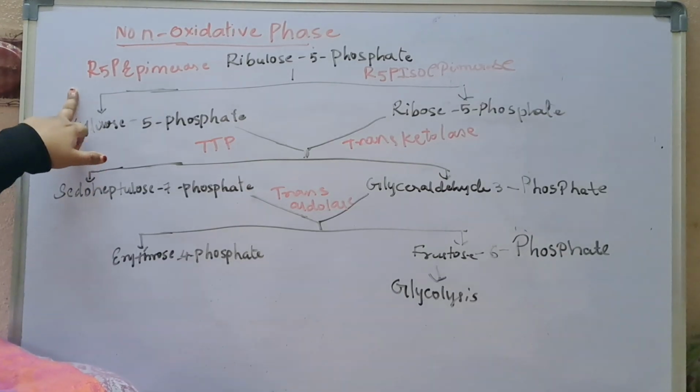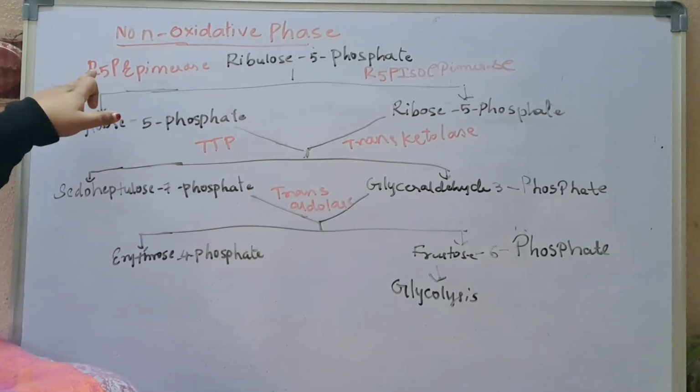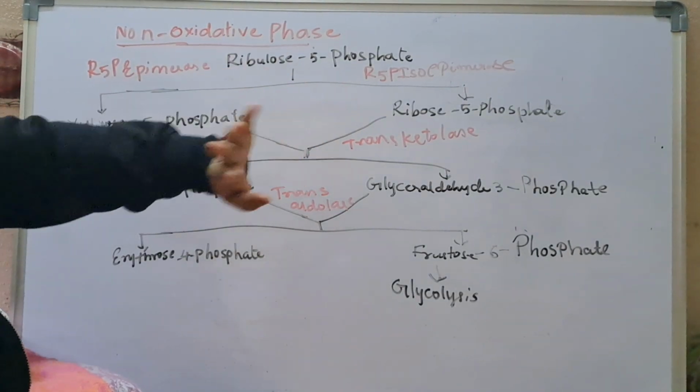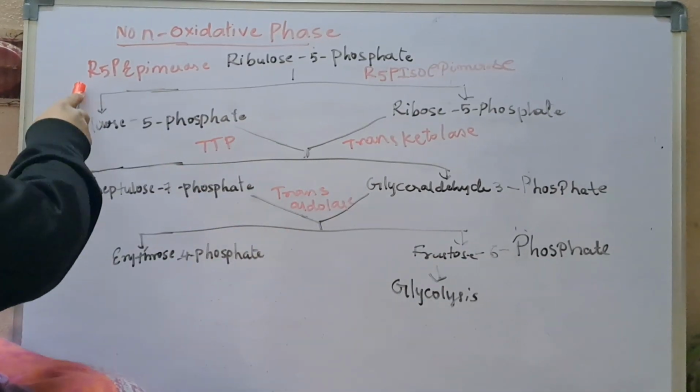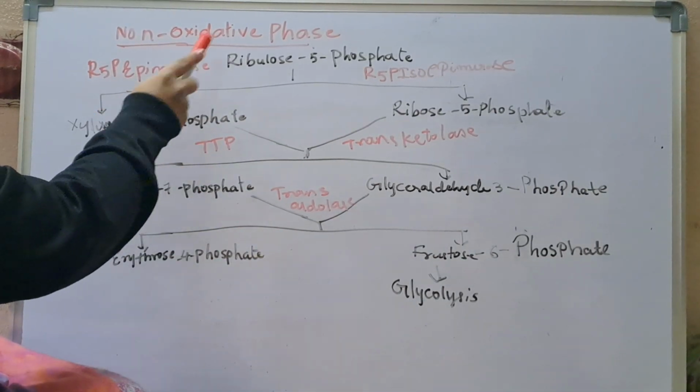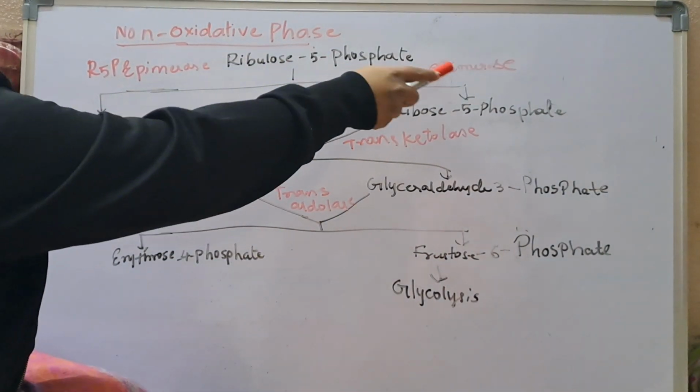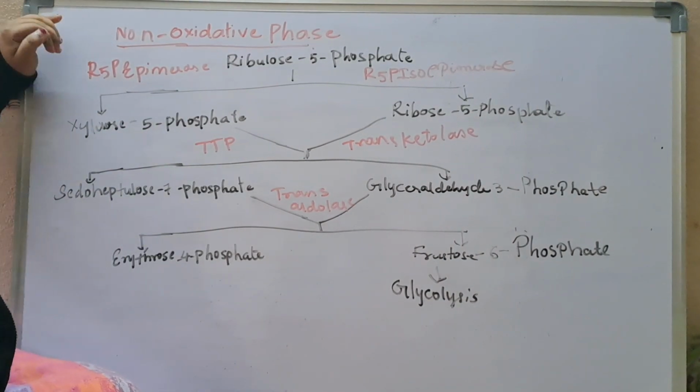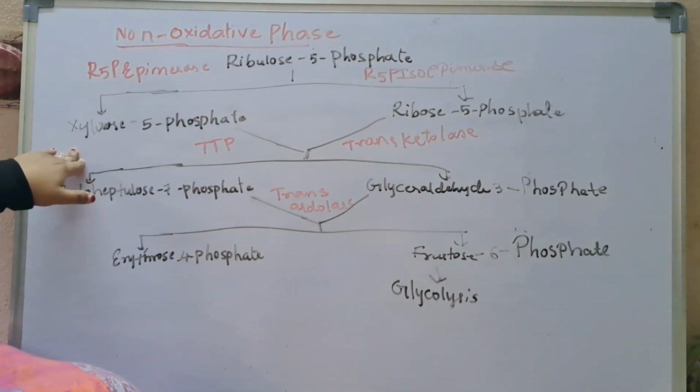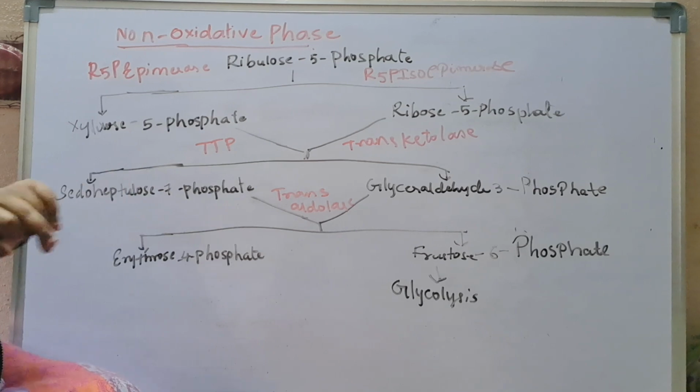And what are these RPE and RPI? Nothing but ribulose 5-phosphate epimerase and ribulose 5-phosphate isomerase. With the help of these enzymes, it is converted into xylulose 5-phosphate and ribose 5-phosphate.